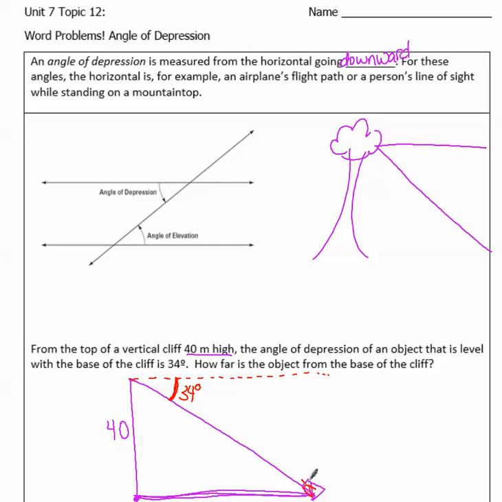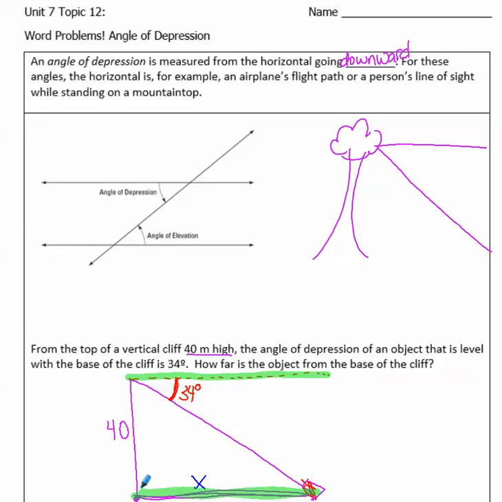And remember this is the object. What I'm looking for is how far the object is from the base of the cliff. That's x. Now if you recall in parallel lines, this line is parallel to this line.